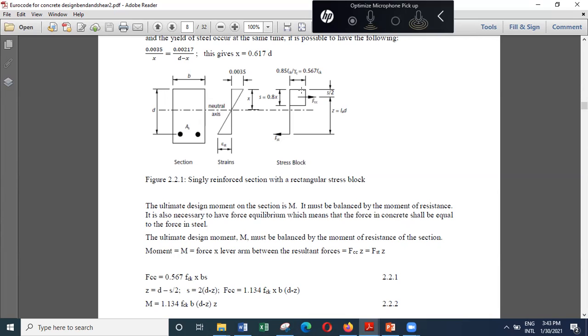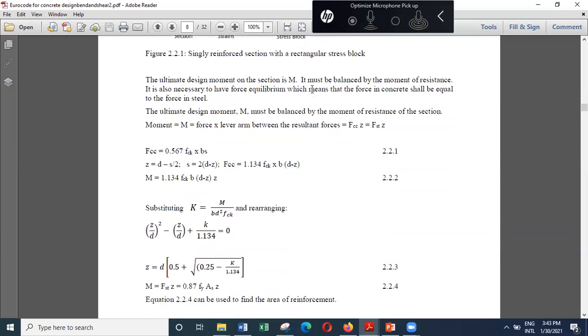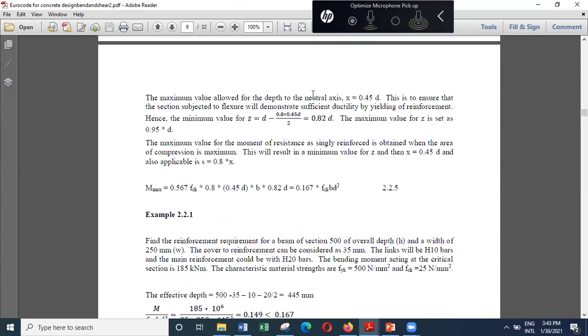And then the area of this concrete will be 0.8 times X times the breadth of the section multiplied by the stress. So when you do that, you can see the stress is 0.8 times X multiplied by B multiplied by 0.82D.